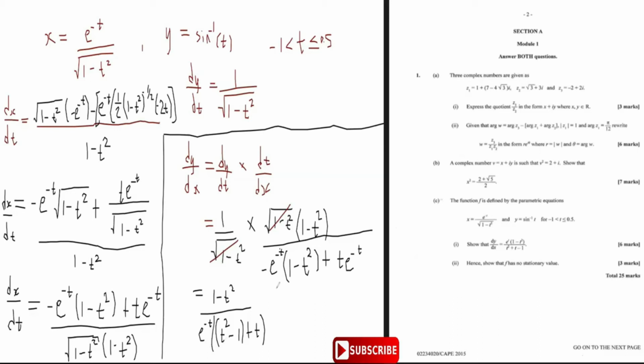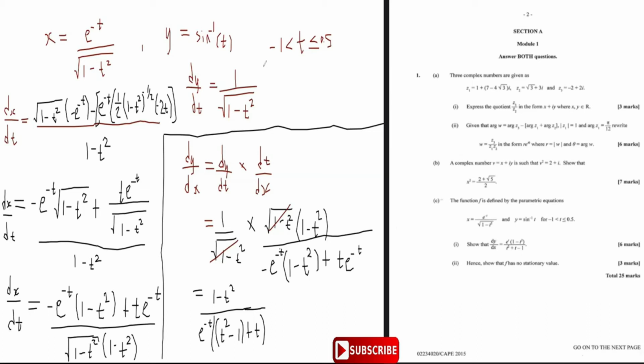Right here, I factored out e to the minus t. Factoring out e to the minus t, I'm going to have minus 1 minus t squared. But minus 1 is minus 1. Minus minus t squared is positive t squared. And factoring out e to the minus t, from here just leaves plus t. So this is what we have.